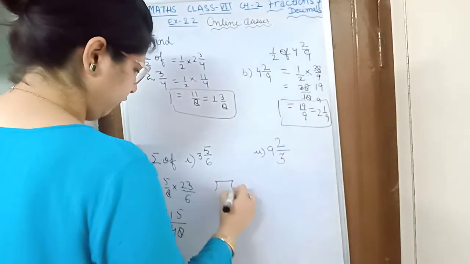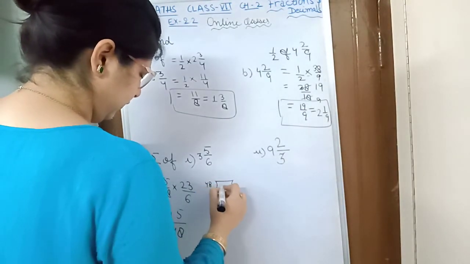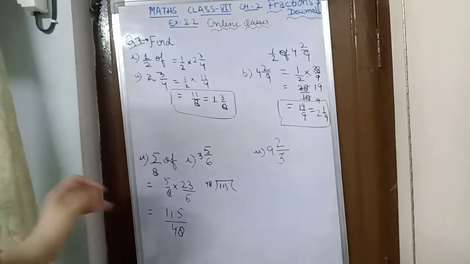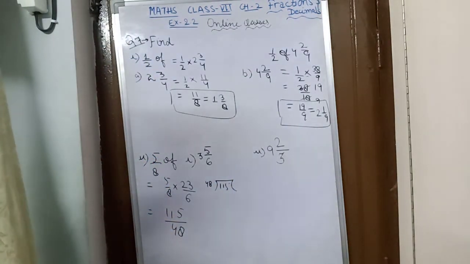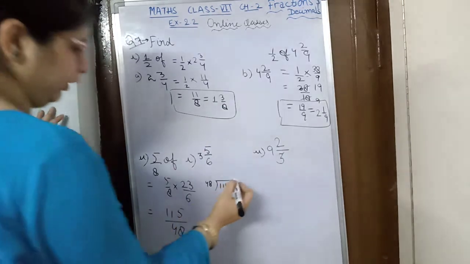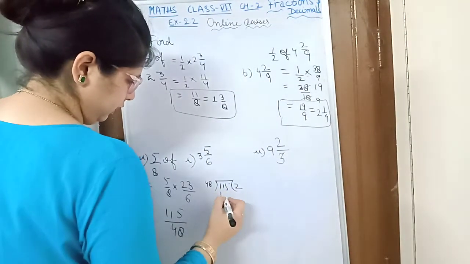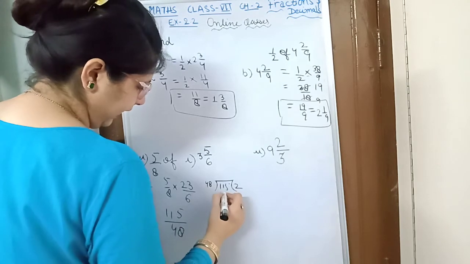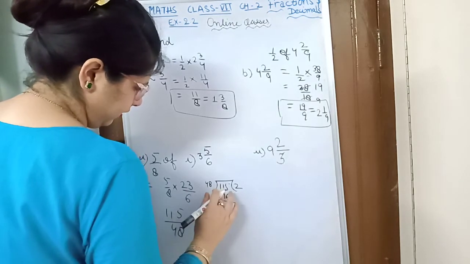How? 48 ones are 48, 48 2s are 96, sorry, 96, not 76.